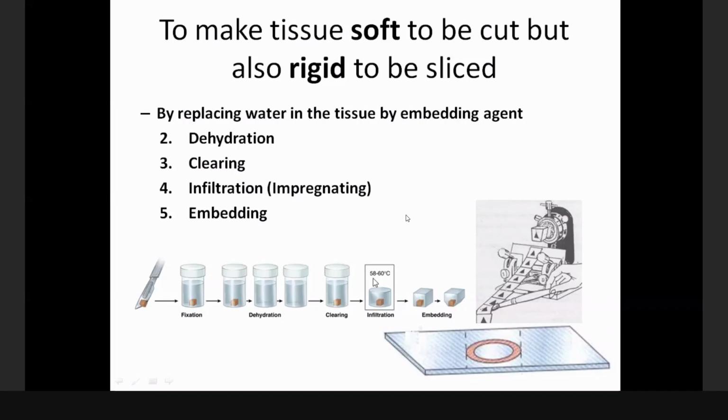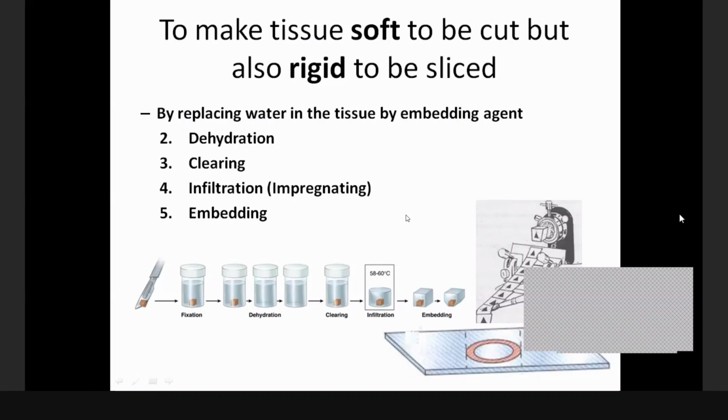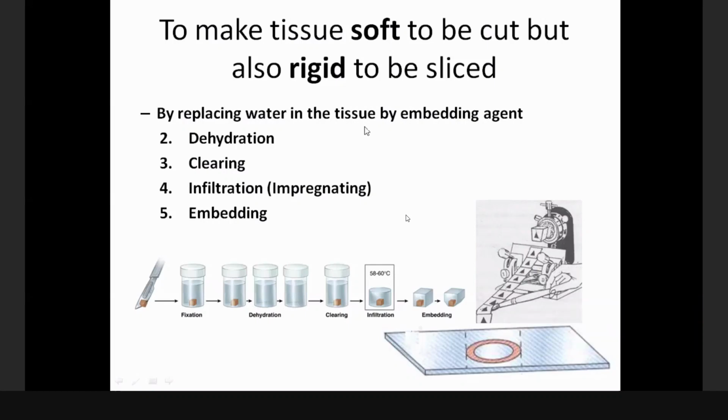Now, if you take the tissue out to room temperature, it gets solidified. It becomes something like a candle, which can be sliced by a special type of cutting machine. So that's what is known as infiltration or impregnation.